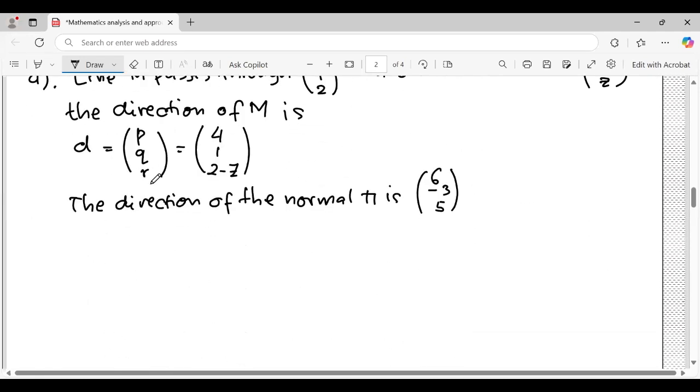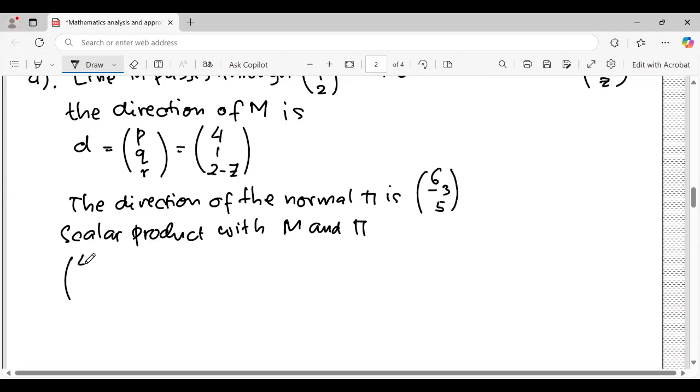By the scalar product of M with the normal of pi, we can find z like this.